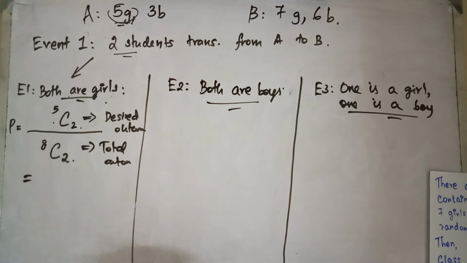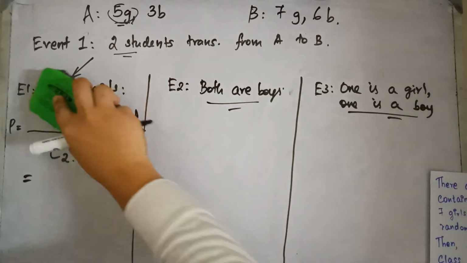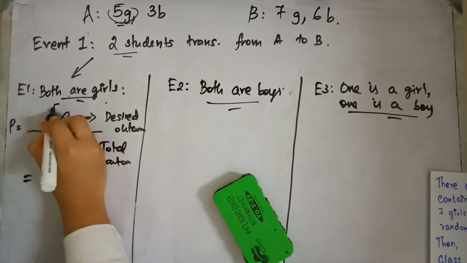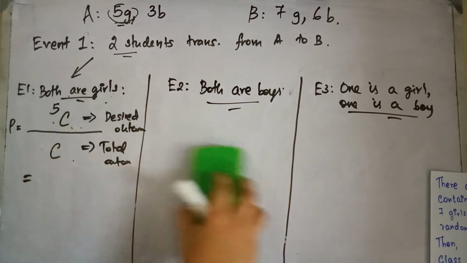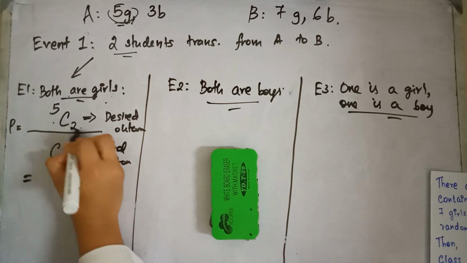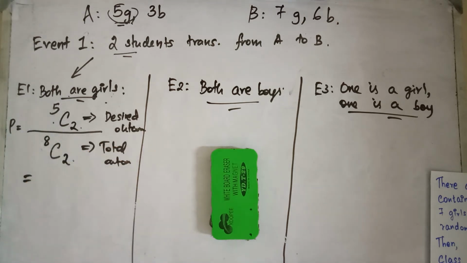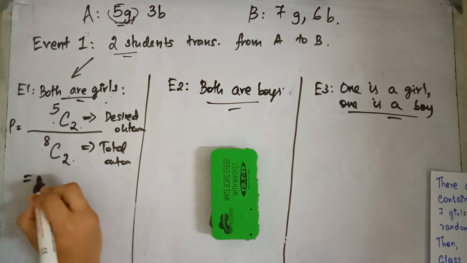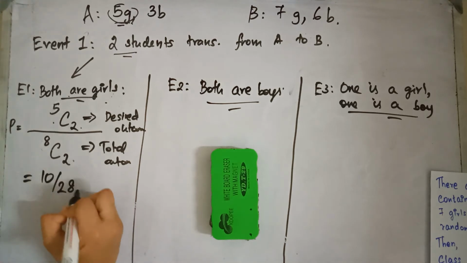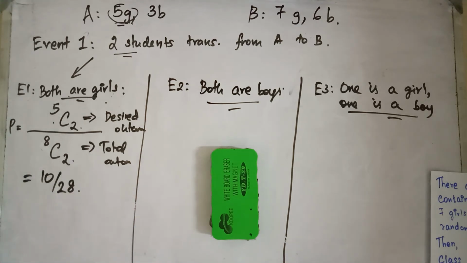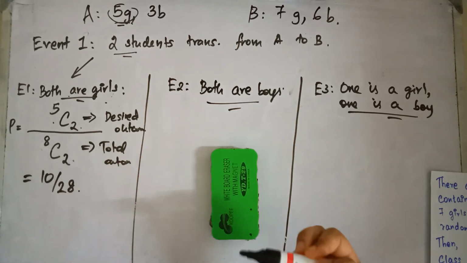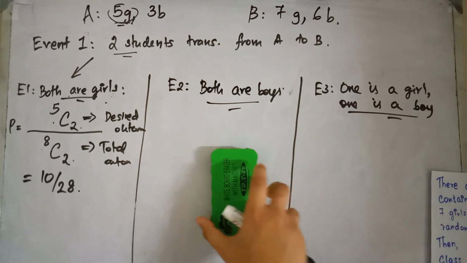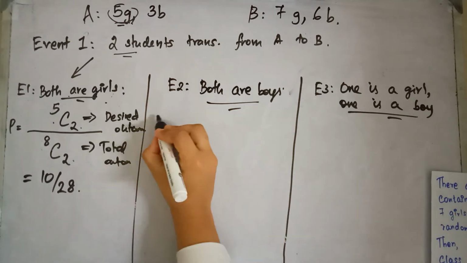Now let me write this clearly. We have 5 here. Now this will give me 10 by 28. You can calculate this by yourself because this problem is so huge, or else I'll calculate it on the side, but I have to go on.